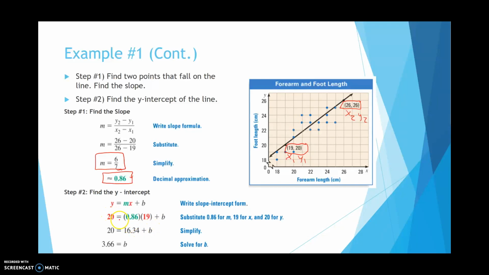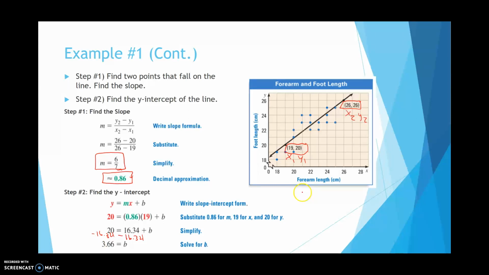So we multiply 0.86 times 19 to get 16.34 equals 20. You're going to subtract 16.34 from both sides, and 20 minus 16.34 gives me b equals 3.66.